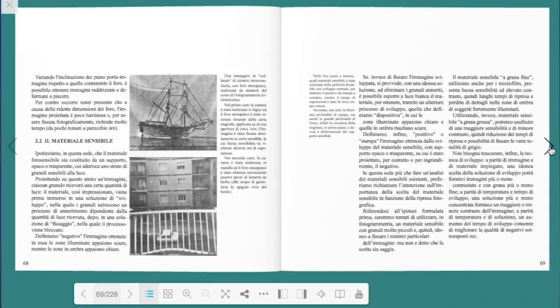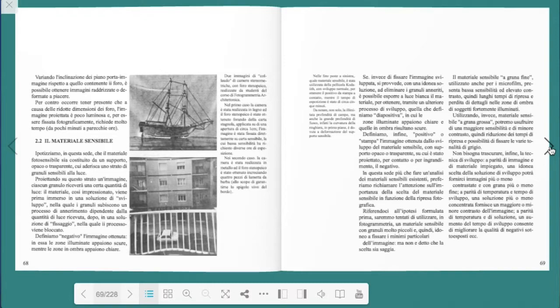In this text, rather than making an analysis of existing sensitive materials, we prefer to draw attention to the importance of the choice of sensitive material according to the photographic shooting. Referring to the hypothesis formulated before, we would be tempted to use, in photogrammetry, a sensitive material with very small granules and, therefore, suitable for fixing the smallest details of the image, but the choice is not necessarily wise.